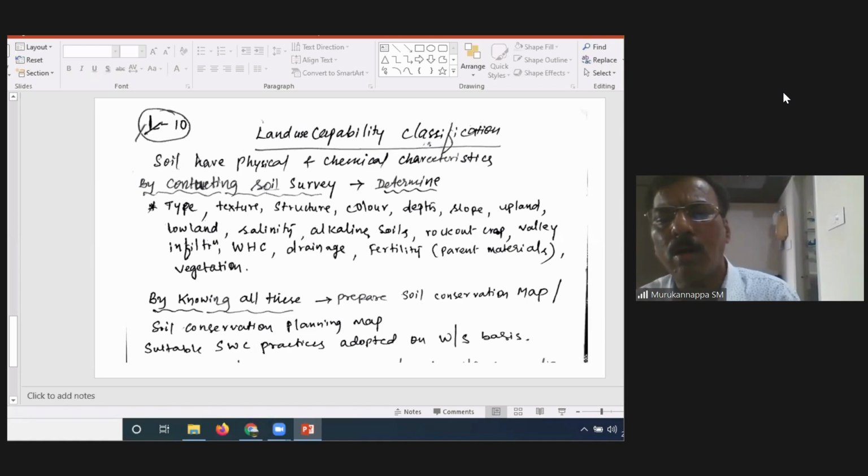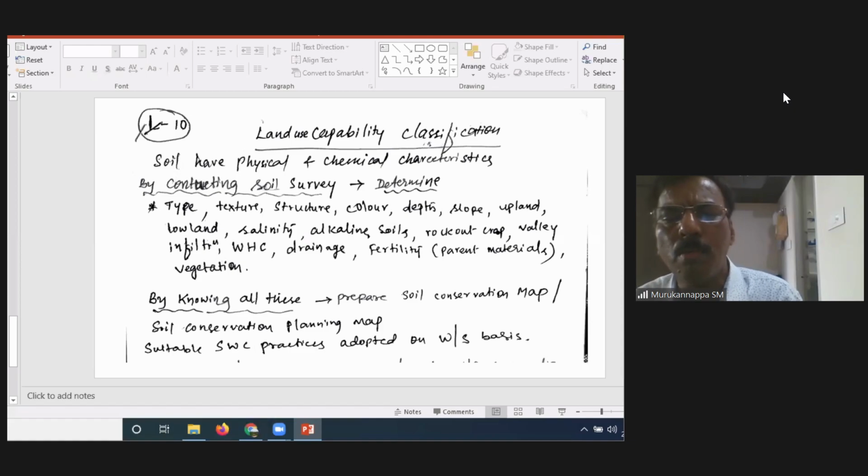The land characters are structure, color, depth of soil, slope, topography. Then the nature of soil, maybe alkalinity or impurity, infiltration rate of that soil, water holding capacity of that soil, drainage capacity, ordering of the drainage.